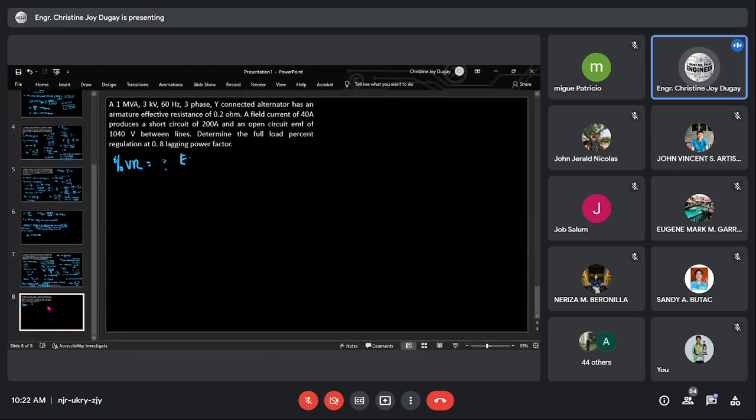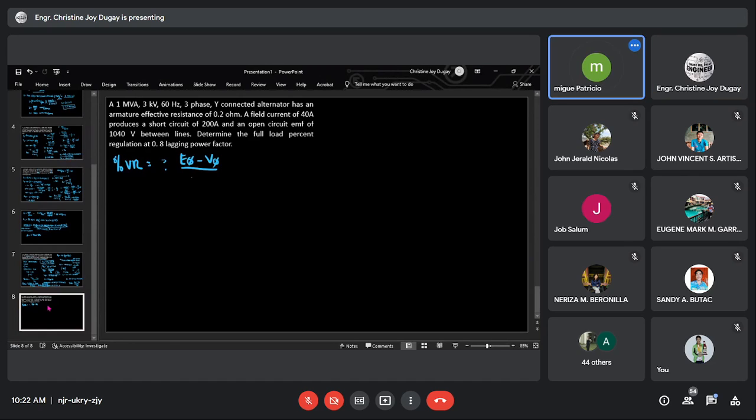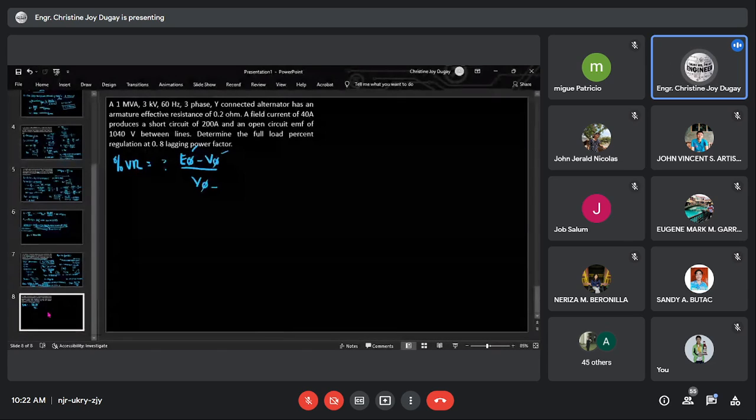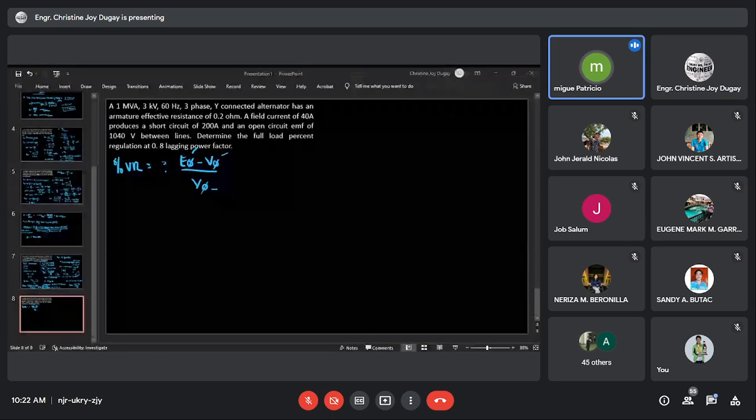Ito yung full load natin. Full load. And this is no load yung E-phase natin. Okay lang po ba? Naintindihan po ba kung bakit yan po ang ginamit ko na formula? Yes, ma'am.